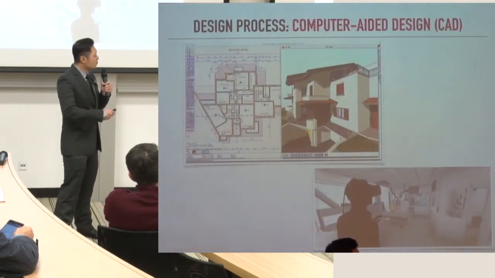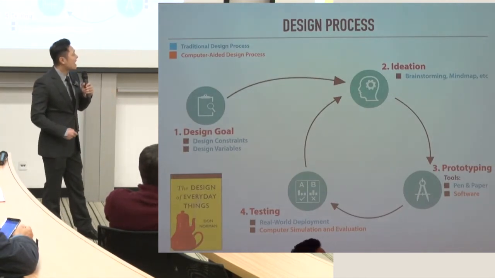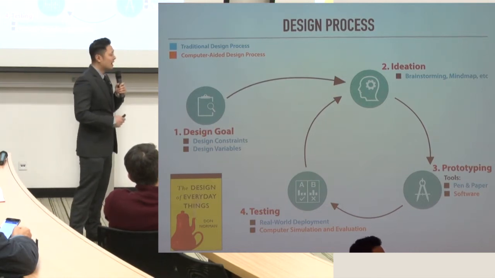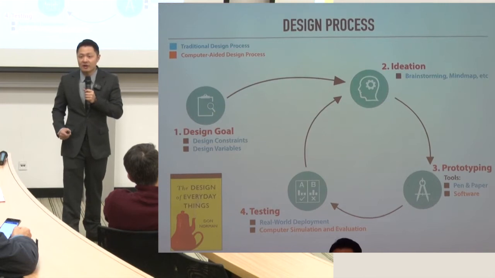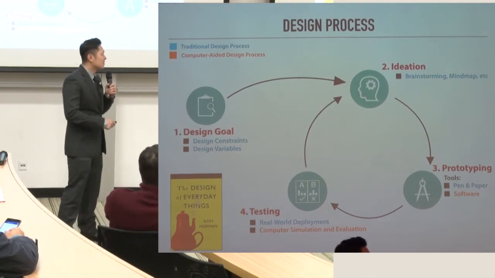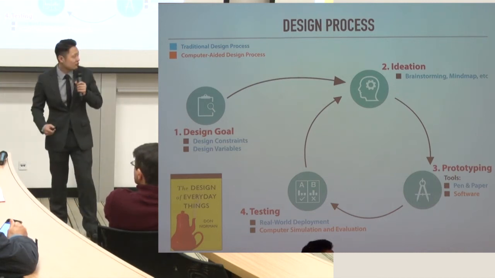So in about the mid-1970s, computer-aided design, or CAD, became an important technology for designing a variety of things such as architecture, cars, and consumer products. So now designers can use computers to help them do prototyping and testing virtually.